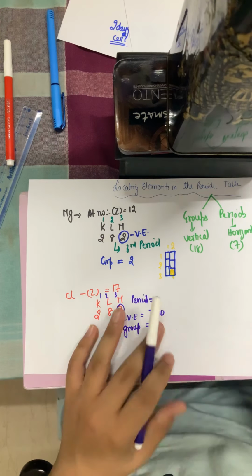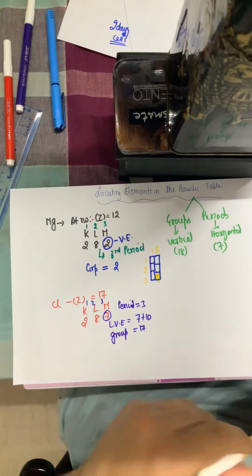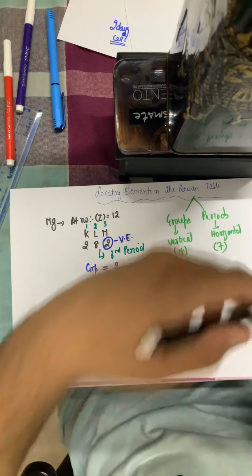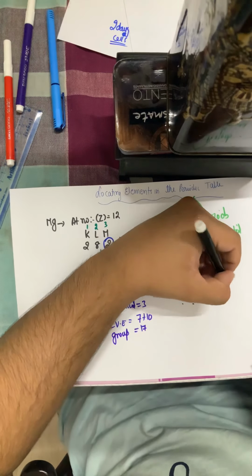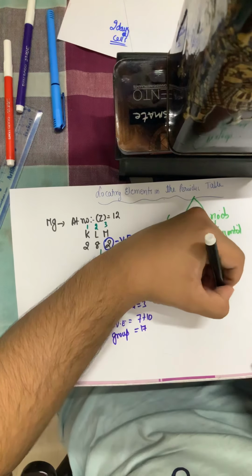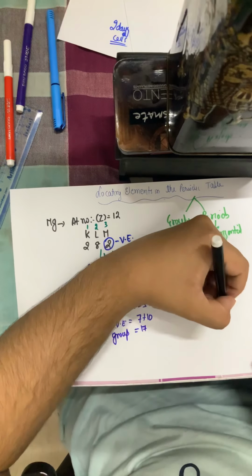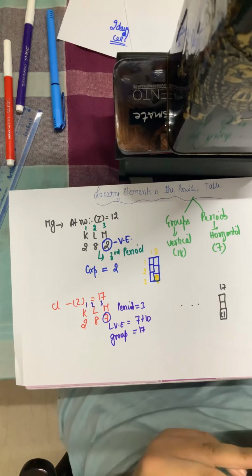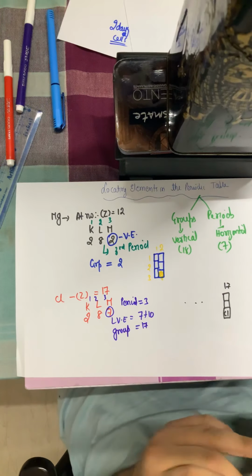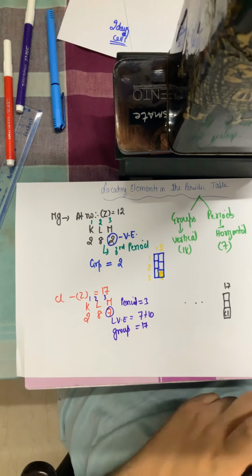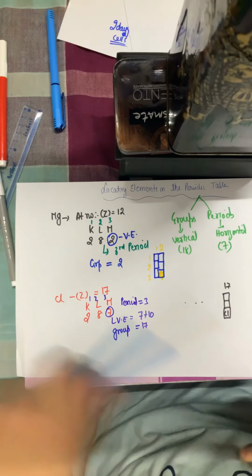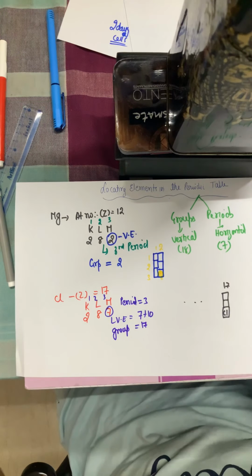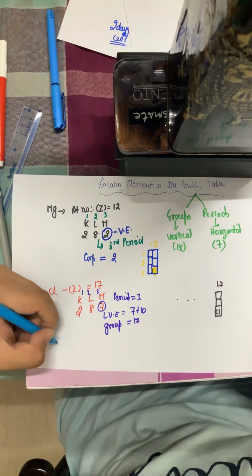So suppose in the periodic table, somewhere here, this is group number 17 and I have period number 3. This will be chlorine. And here are the other groups. Clear?